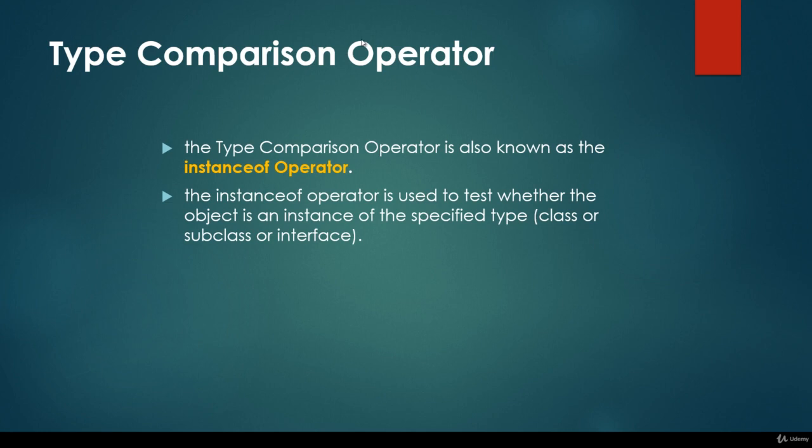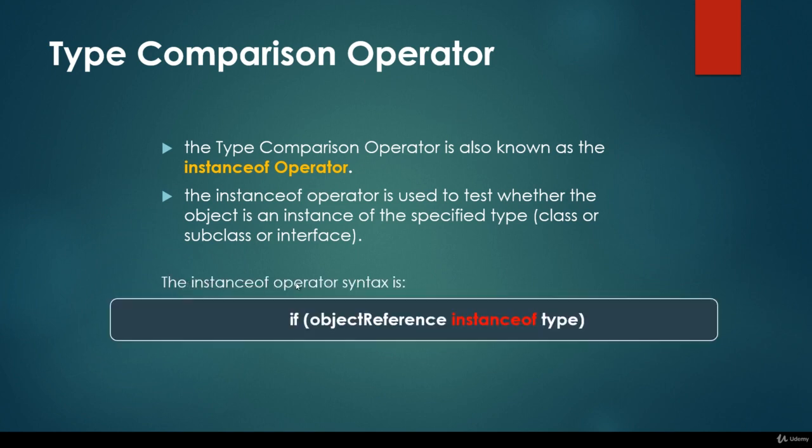Okay, and finally we have the type comparison operator. The type comparison operator is also known as the instanceof operator. The instanceof operator is used to test whether the object is an instance of the specified type, such as a class, subclass, or an interface. So we can use the instanceof operator as a type comparison operation.